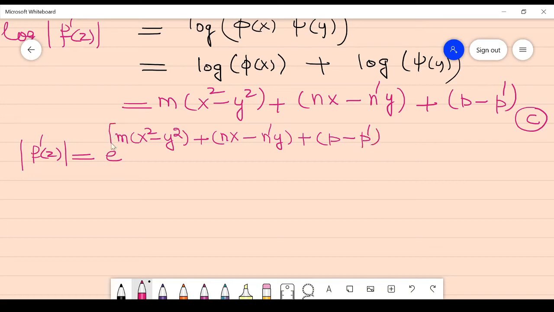So this is our exponential. This is equation number, suppose, D. Now from this we find the value of f dash z.